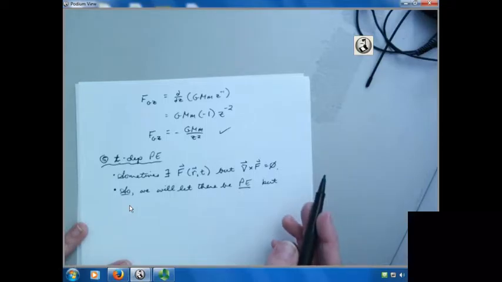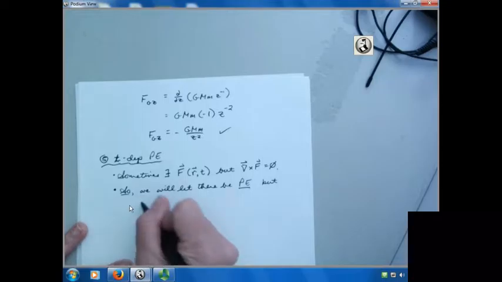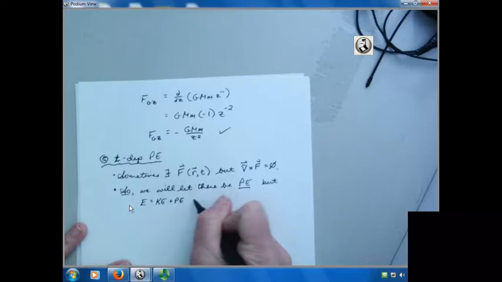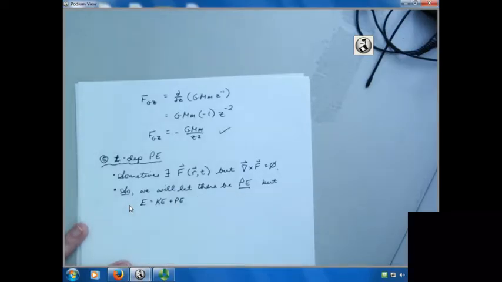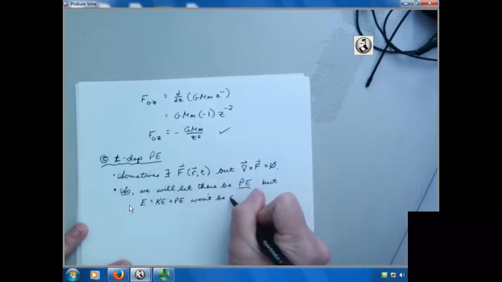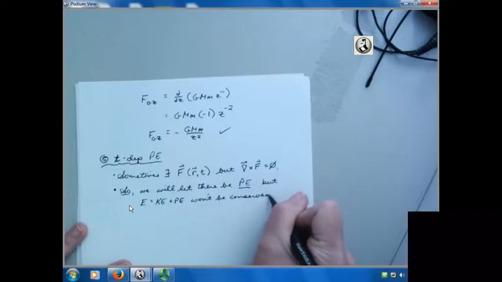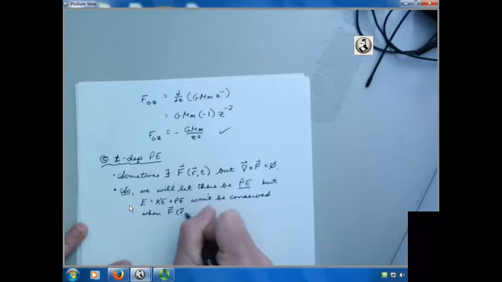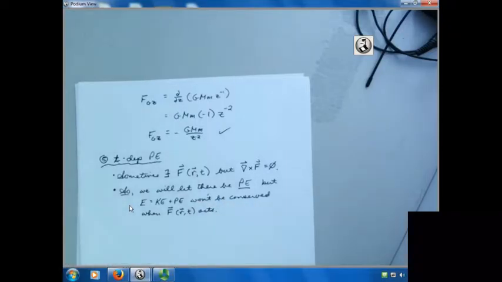But in this particular situation, the mechanical energy, which is equal to the kinetic energy plus the potential energy, will not be a conserved quantity when this force is acting. So this thing that we get for potential energy won't be constant. So what is it going to be? Let's see what it's going to be.